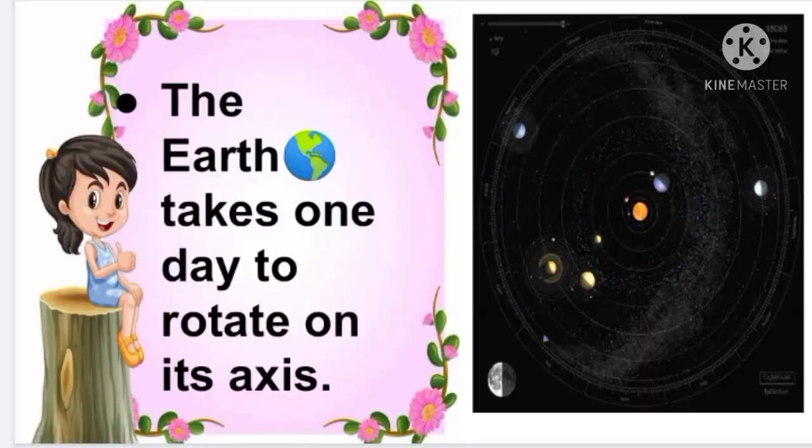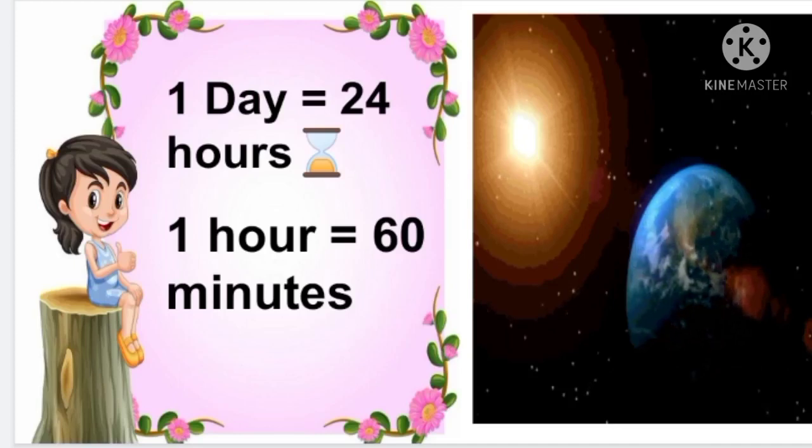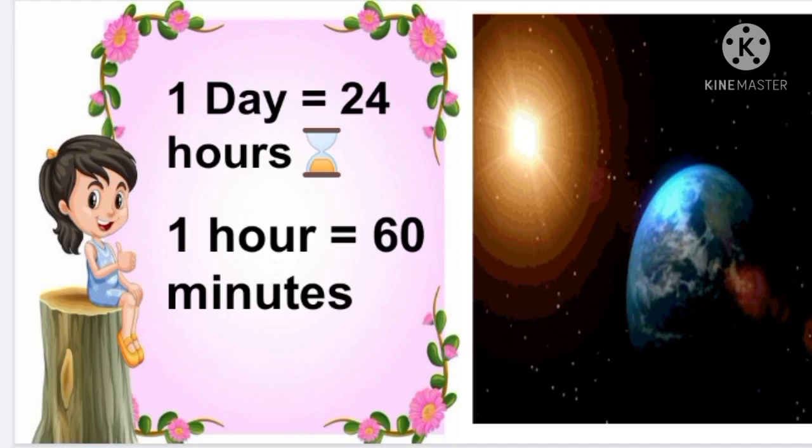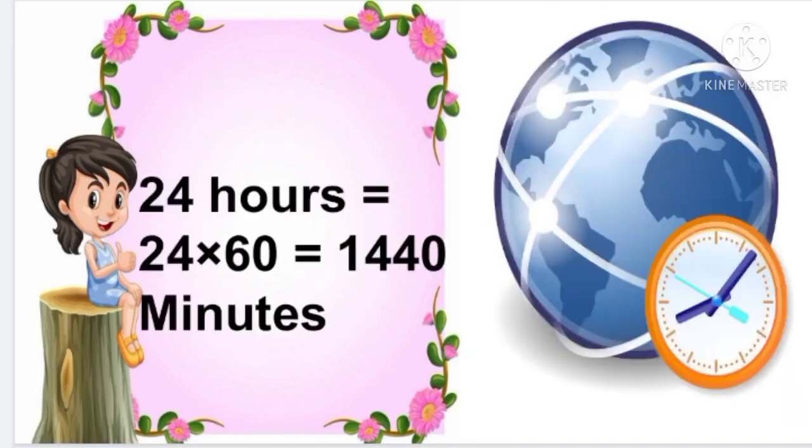The earth takes 1 day to rotate on its axis. 1 day is equal to 24 hours. 1 hour is equal to 60 minutes. 24 hours is equal to 24 into 60, that is 1440 minutes.